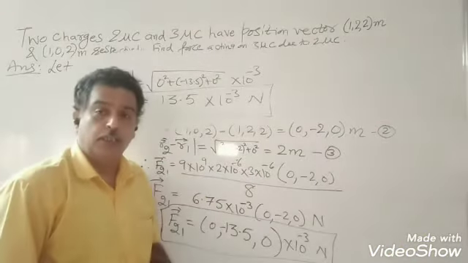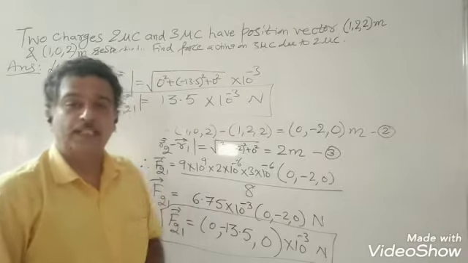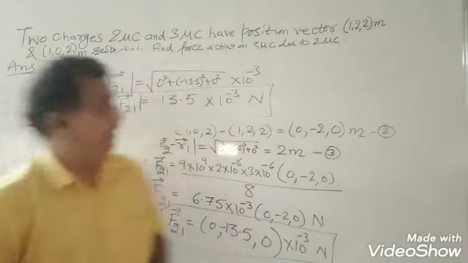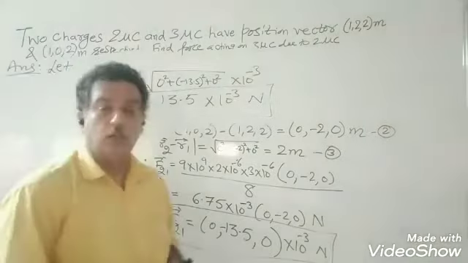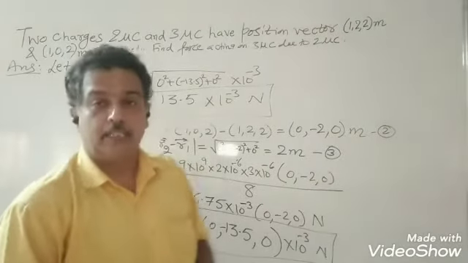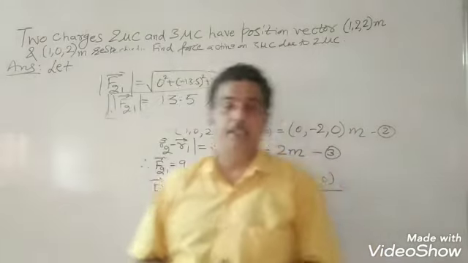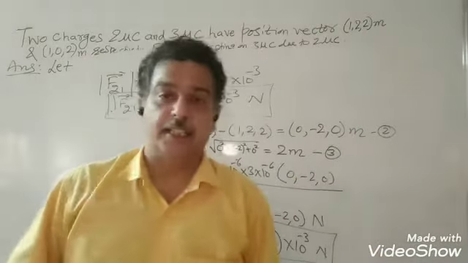It will give you the magnitude as well as the direction in which the force is acting on a charge. So this is how Coulomb's law in vector form can be implemented to the numerical easily. Now let us move to another topic, which is superposition principle.